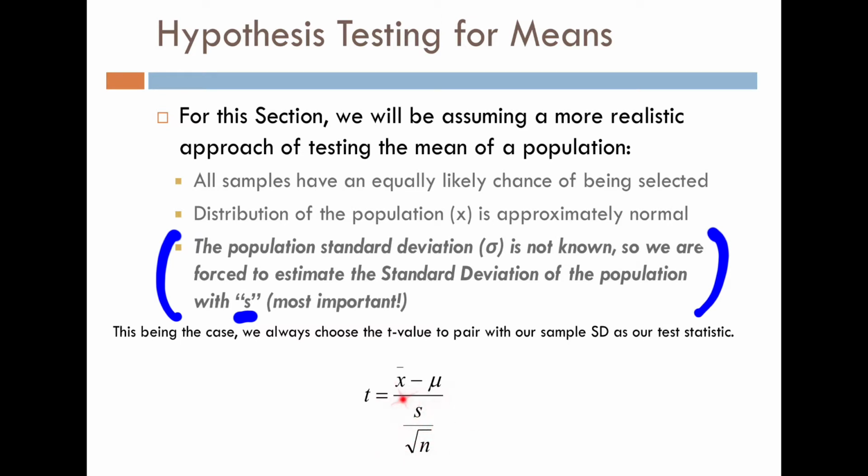So nothing really changes as far as the formula goes. This is the big difference here. And of course, the t-curve is much different than the z-curve, though as my samples get bigger, the t-curve and the z-curve become almost the same.